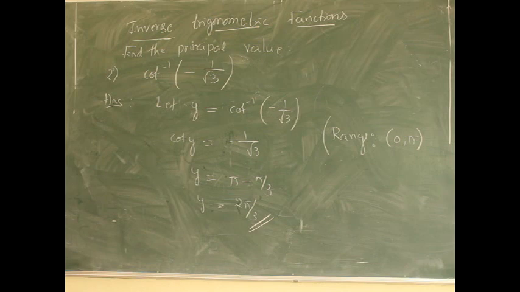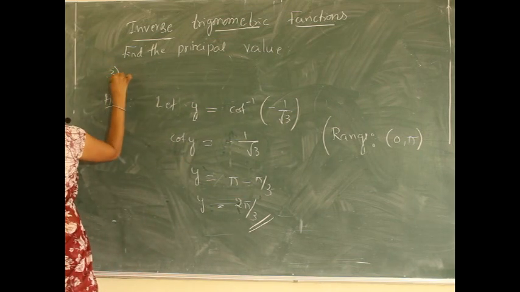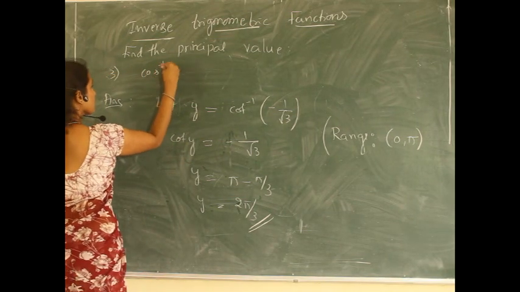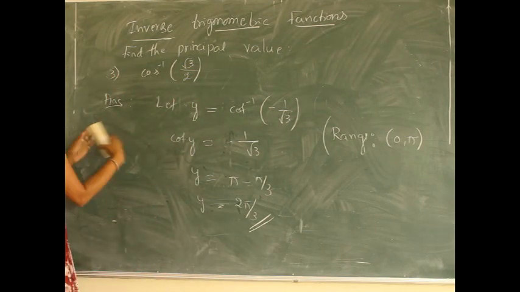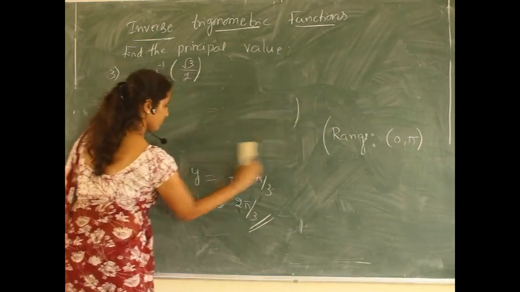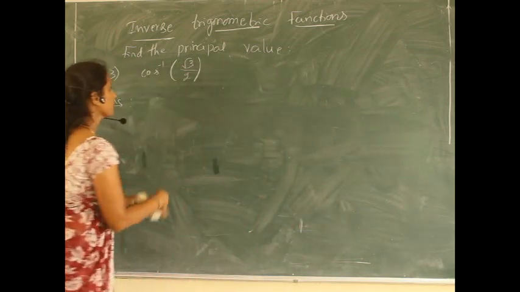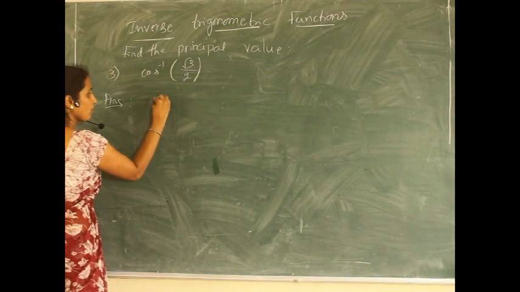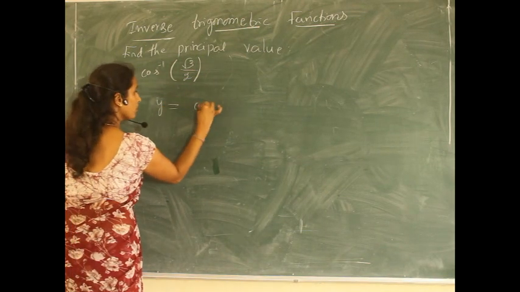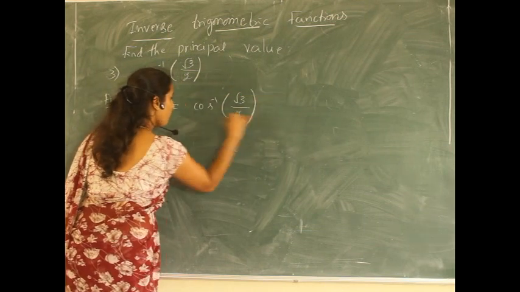Third one is cos inverse of root 3 by 2. Again we take y is equal to cos inverse of root 3 by 2.